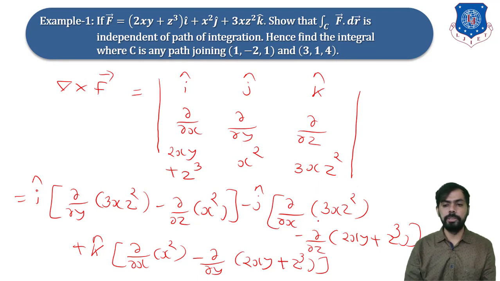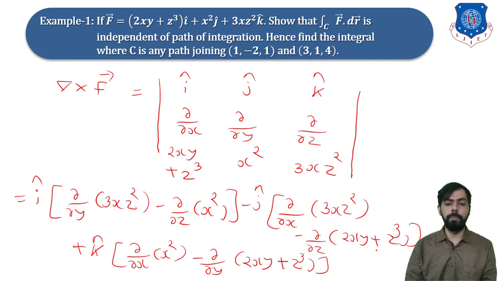Now if we take partial differentiation of 3xz square with respect to x, it will be 3z square because the derivative of x with respect to x is 1 and 3 and z are constants. Same way, partial differentiation of 2xy plus z cube with respect to z gives 0 for the first term since x and y are constant, and the derivative of z cube is 3z square.